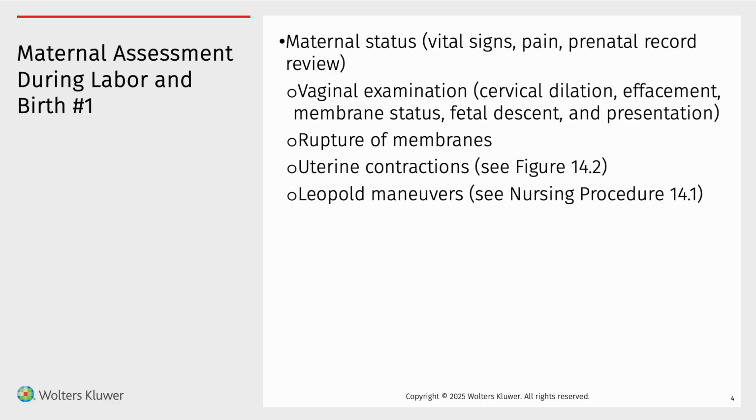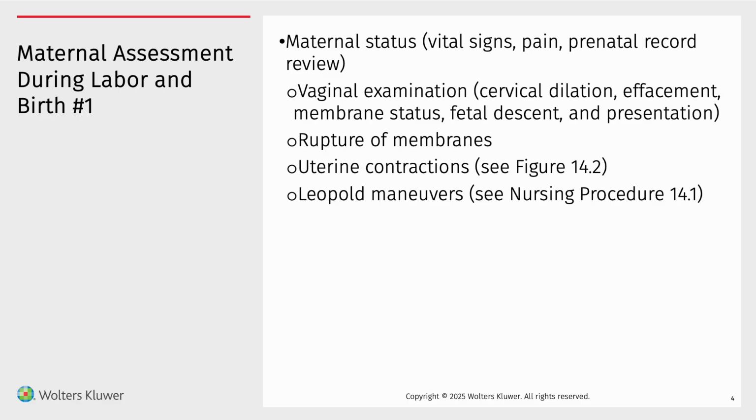If there's a rupture of membranes, document the time, color, odor, and amount of amniotic fluid. Clear fluid is normal. However, if you see green or foul-smelling fluid, this can indicate fetal distress or infection.